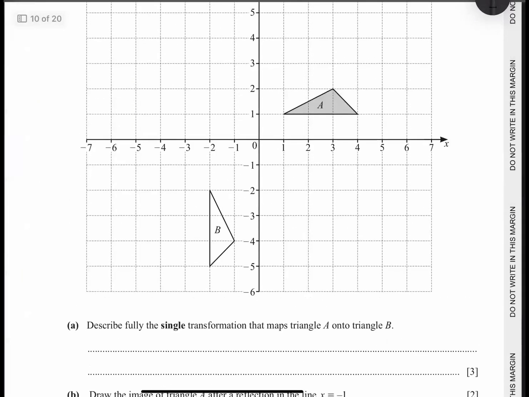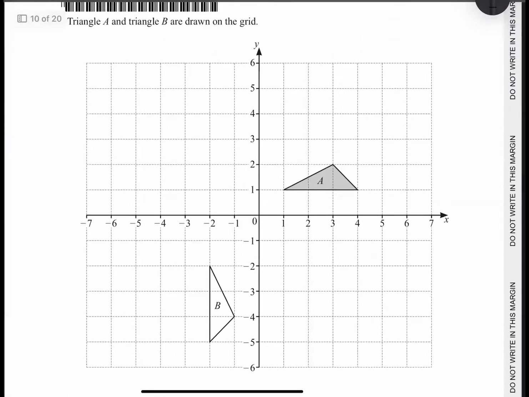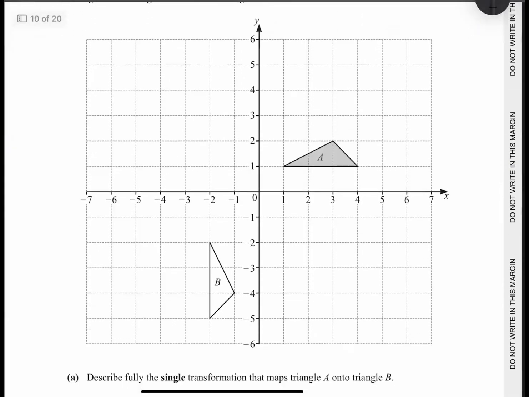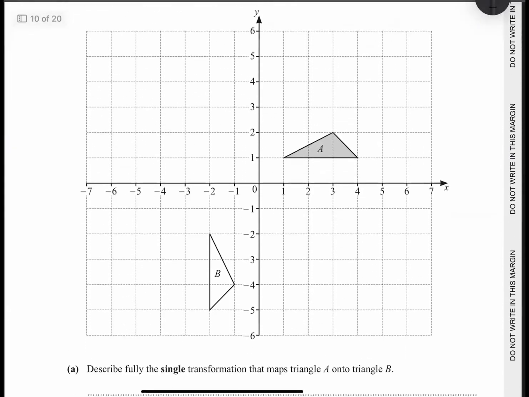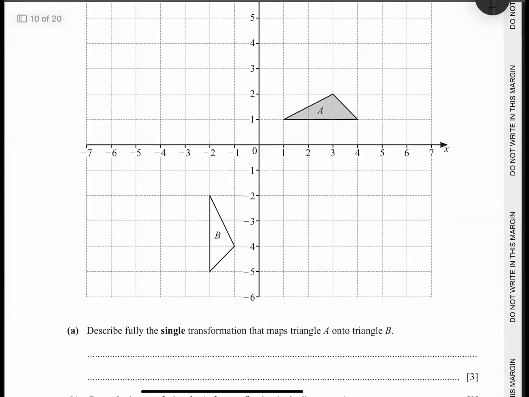Okay, the next question is of transformations. I don't have tracing paper with me right now, so I won't be able to solve this question on this. However, you can use it. You can also calculate it algebraically.